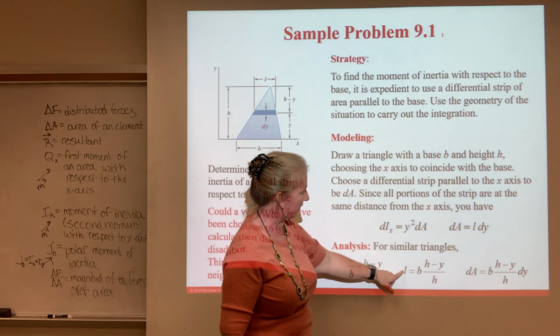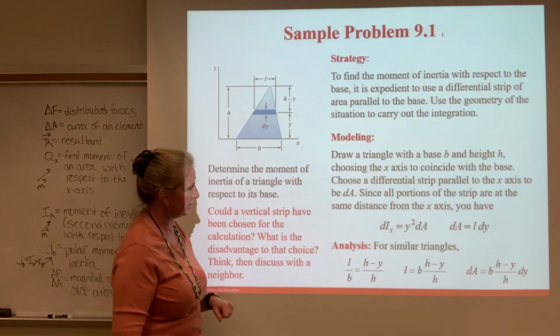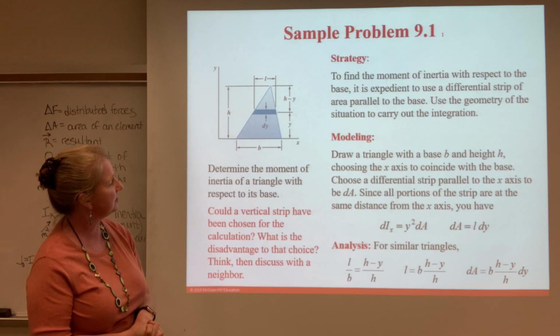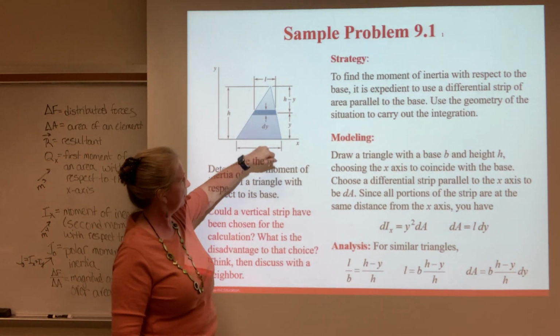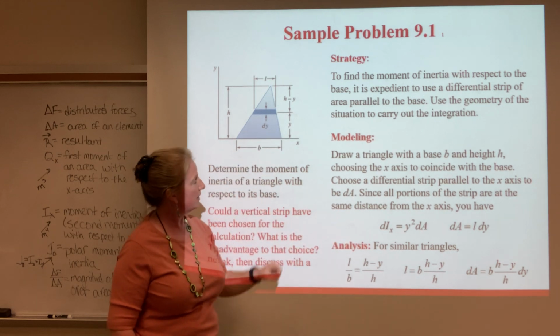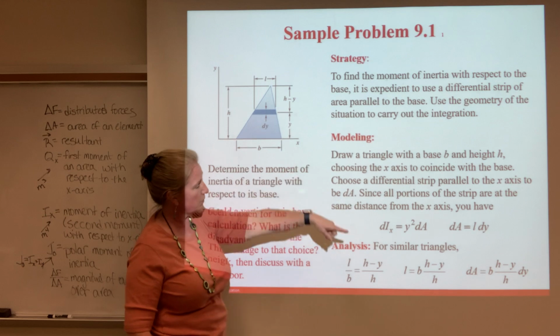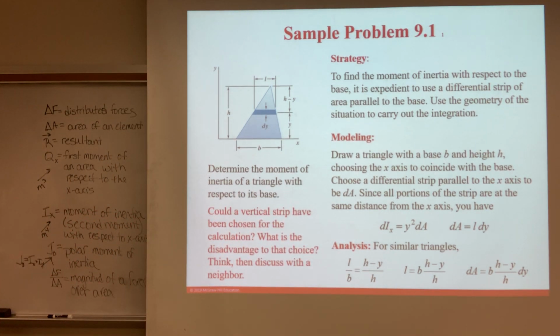They solve for L, and then they substitute so that we actually get that last piece where it says the area of this strip. The area of that little strip is the base times h minus y over h times dy.